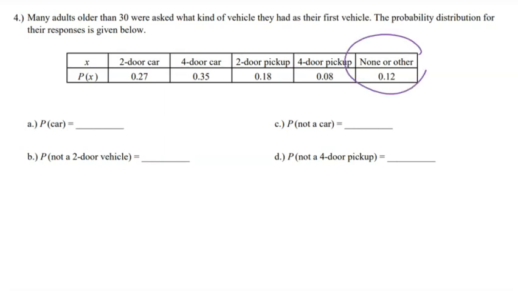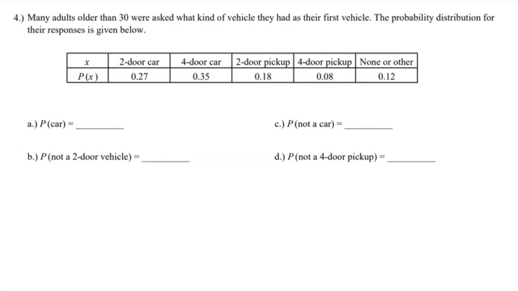And then we have this other category, which is some other car. Like, I knew a guy who had a hearse as his first vehicle, and that's none of these other vehicles. Technically, you could say it's a 2-door car, maybe a 4-door car, but it's a hearse. It's different. Some people might have had a motorcycle as their first vehicle, and so that also would be other. But there are some people who have never even owned a vehicle before, and therefore they would select none. But the fact of the matter is that every single adult over 30 can be classified in one of these 5 categories.